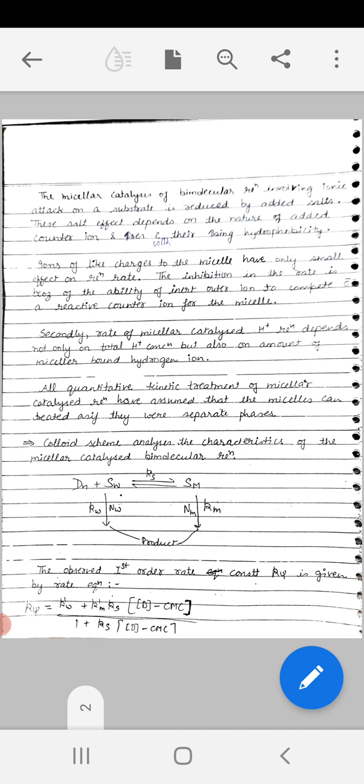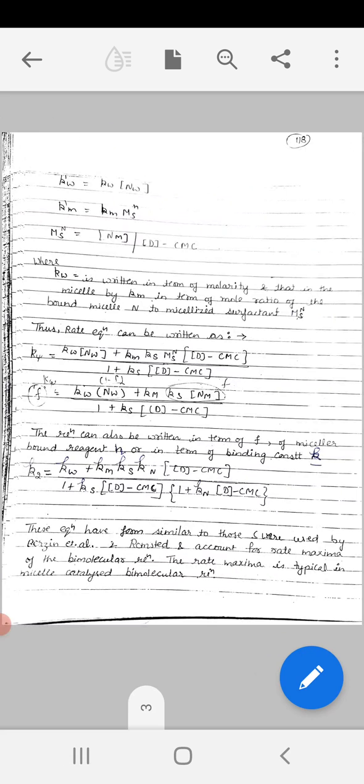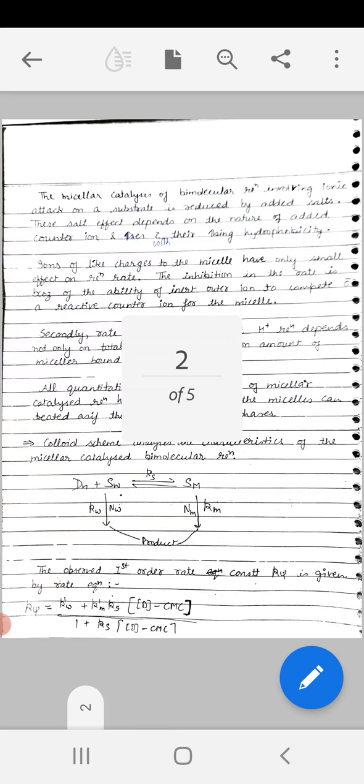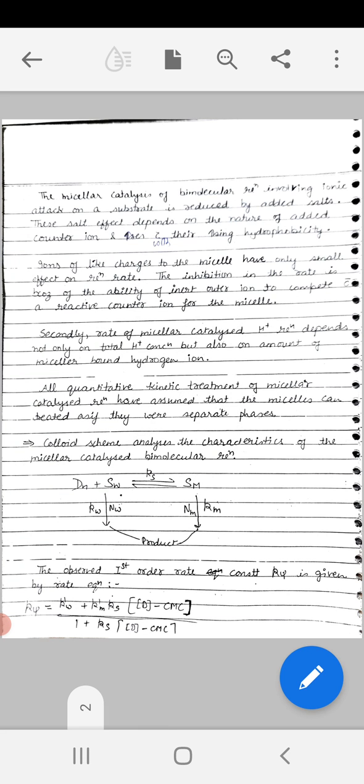KW is written in terms of molarity and that in the micelle, Km, in terms of mole ratio of the bound micelle N to micellized surfactant MSN.